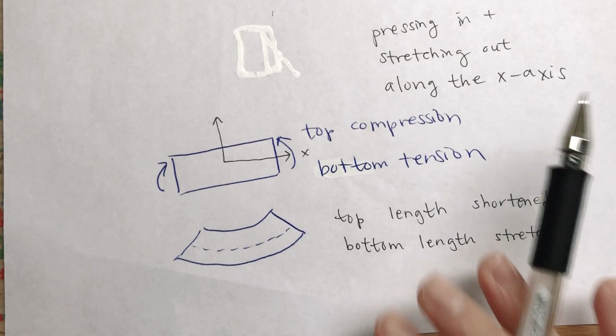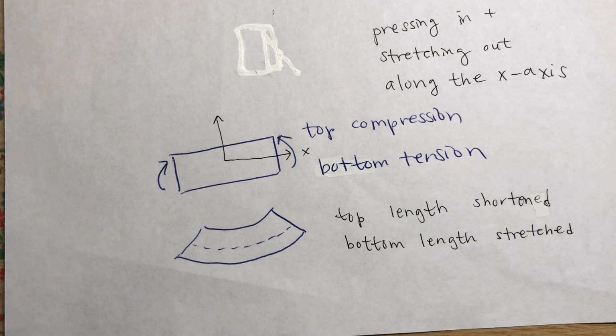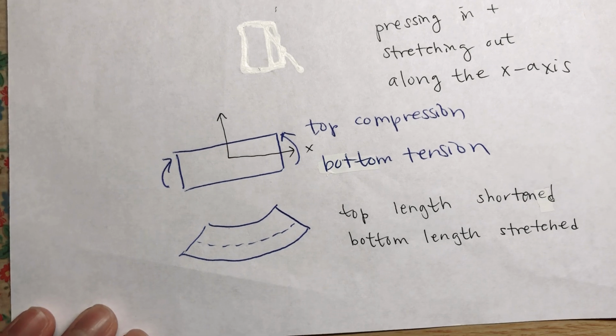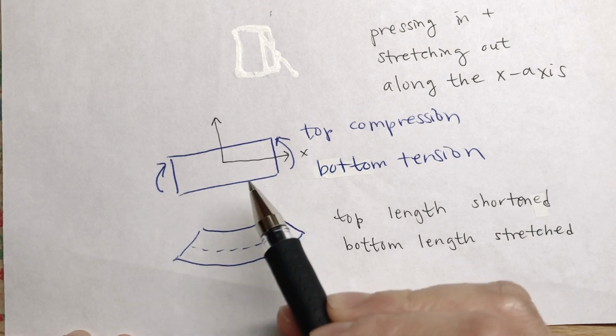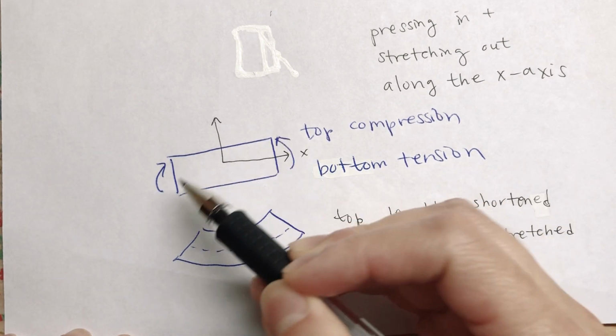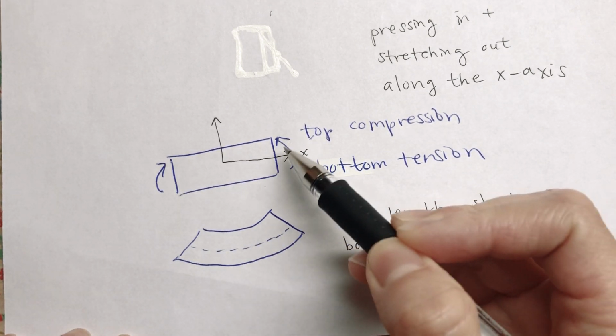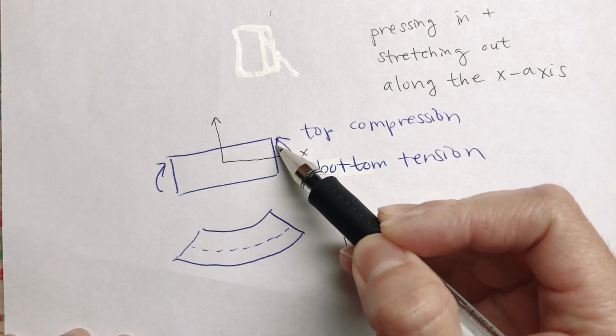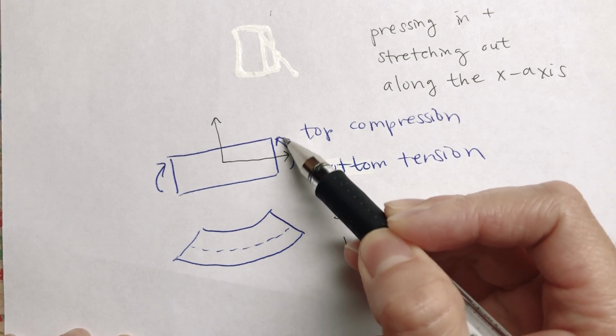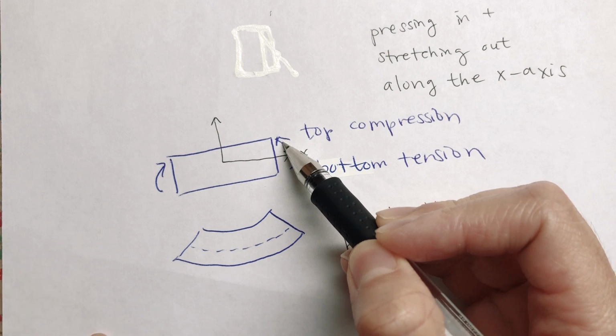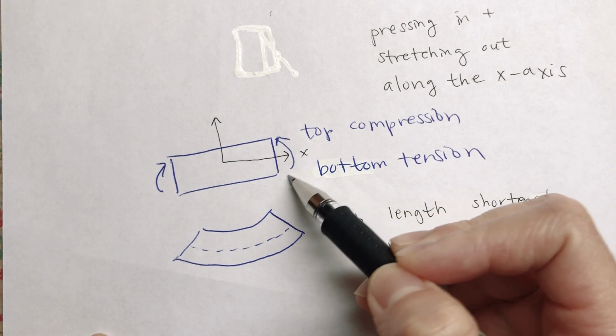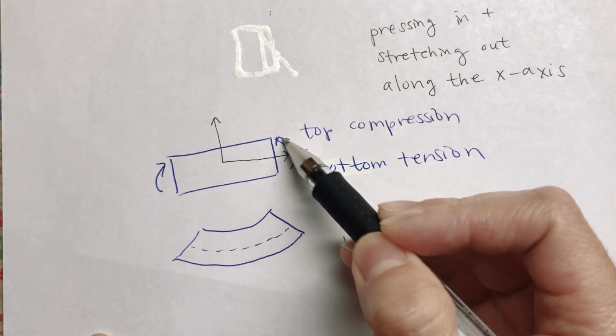Okay, so Becca asked to review again, how do you know when it's in compression or tension? So this is the member along the x-axis. This is the member in pure bending. So wherever the arrow points, that's where it's in compression, and here is in tension. So it's pointing to the top.